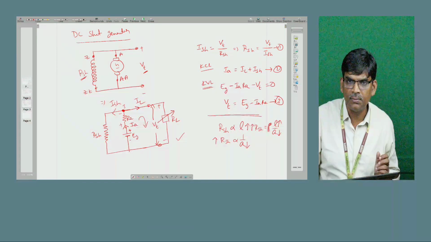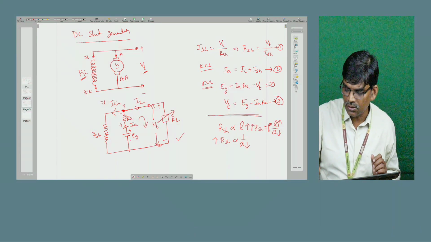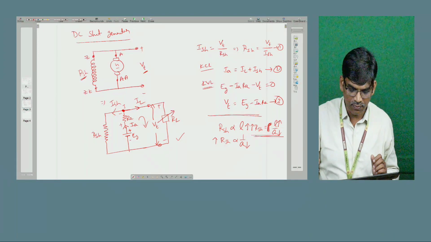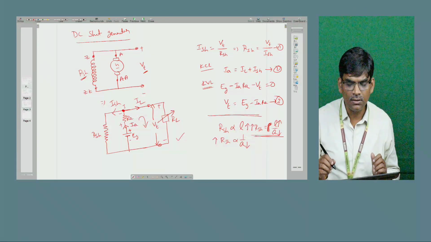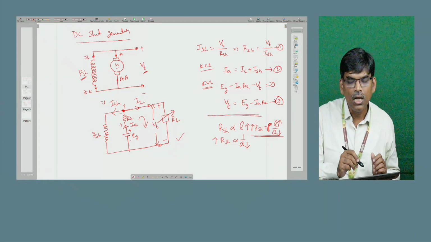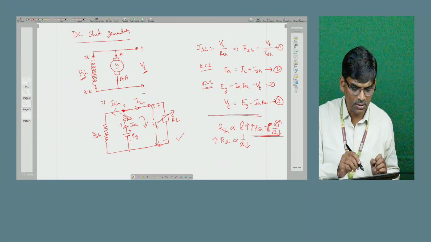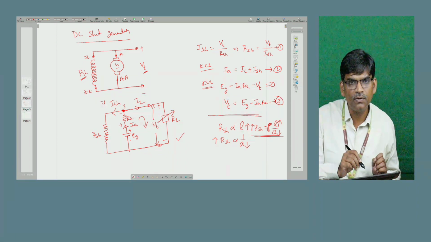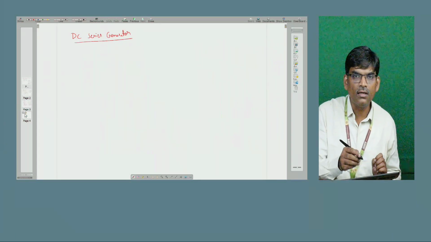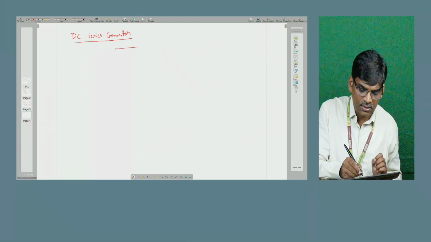The material constant, maybe copper or aluminum, depends on its resistivity. Finally RSH is given. So the DC shunt machine has more number of turns and less cross sectional area. That's why the shunt field winding offers high resistance. But the series field winding generator is designed differently. Why?